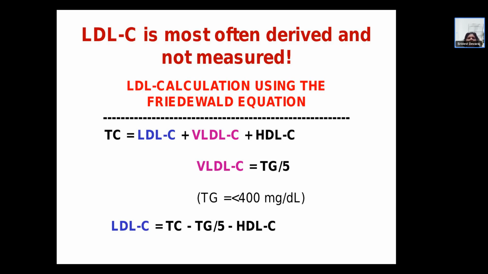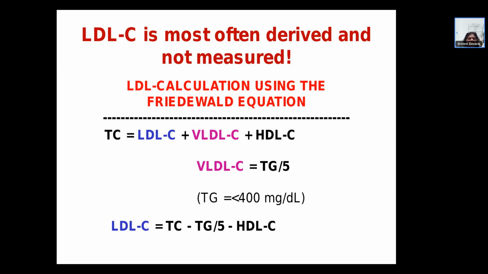So you calculate the LDL cholesterol as total cholesterol minus TG divided by 5, which represents the VLDL cholesterol, and minus the HDL cholesterol. If you do not have accuracy in your total cholesterol, your triglyceride, and your HDL, you're going to get an erroneous LDL as well.